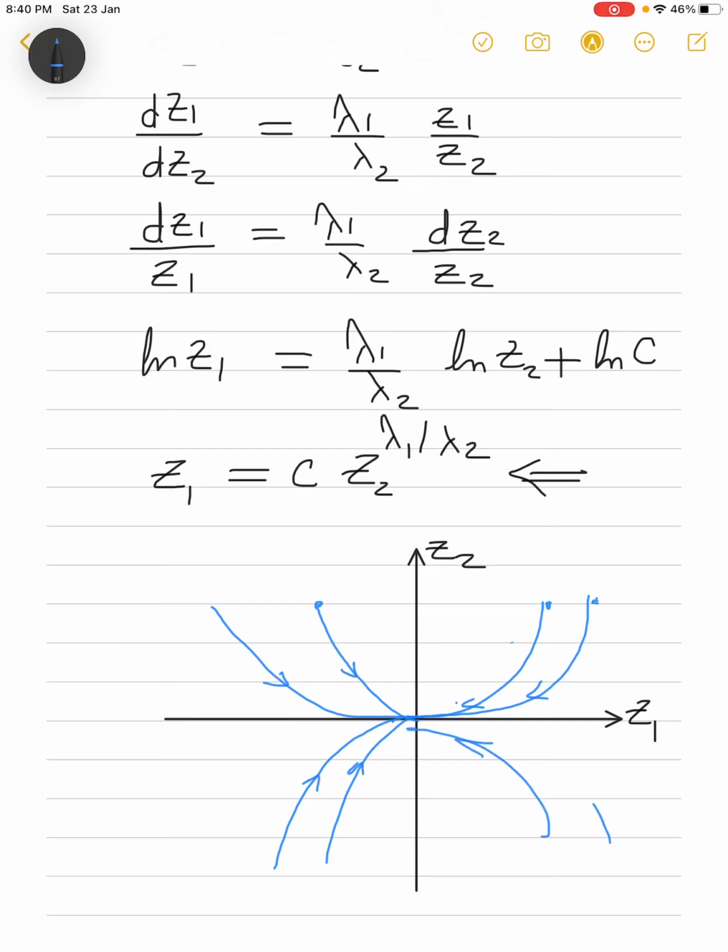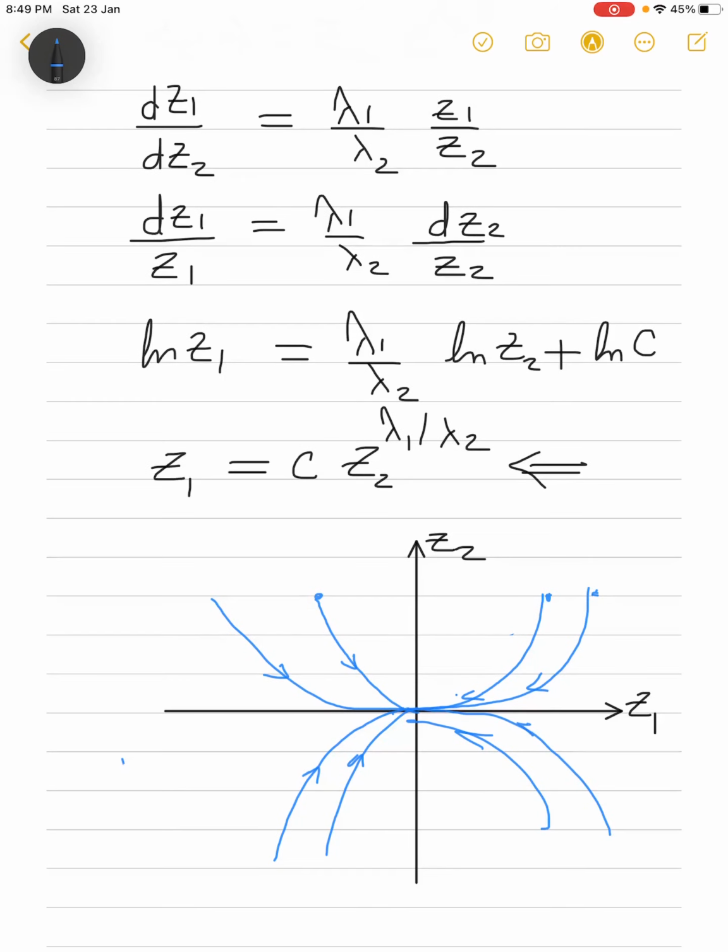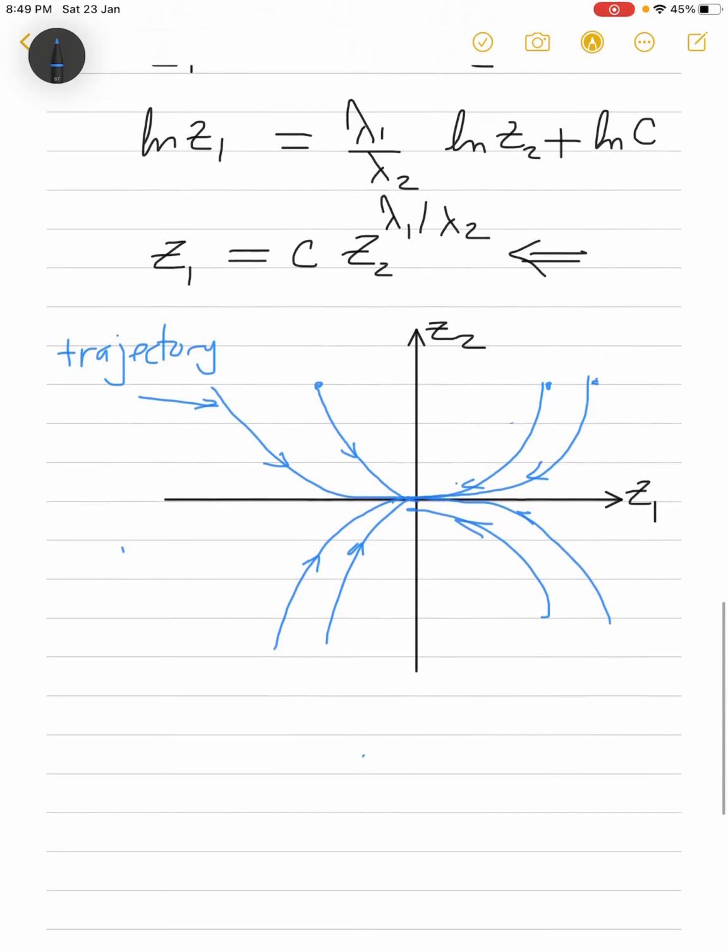They all go to 0. Each plot here is called a trajectory, and it corresponds of course to a different initial condition. And the family of trajectories that we have drawn here is called the phase portrait of the system.